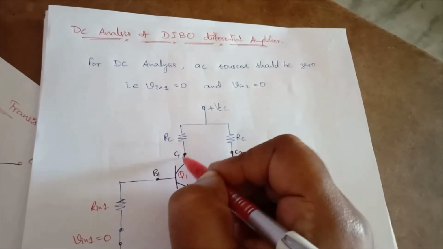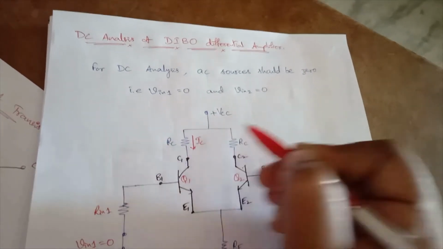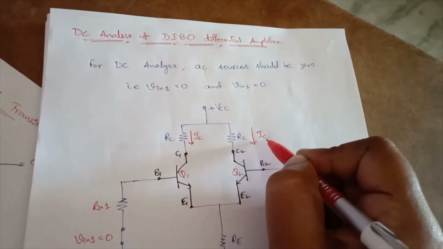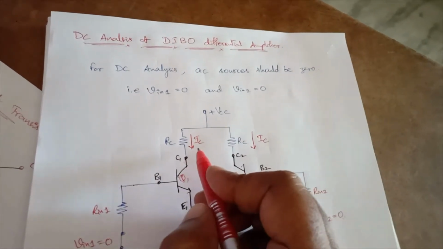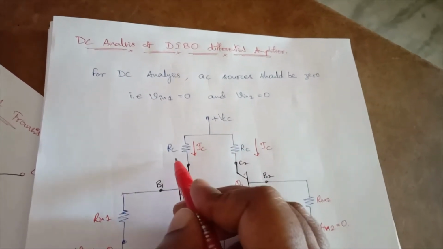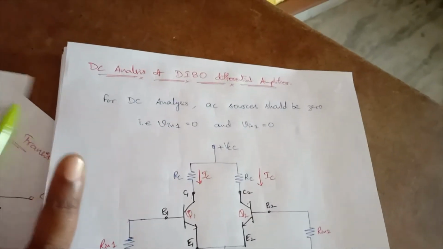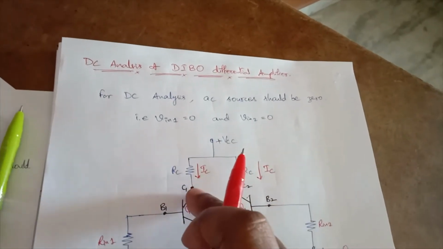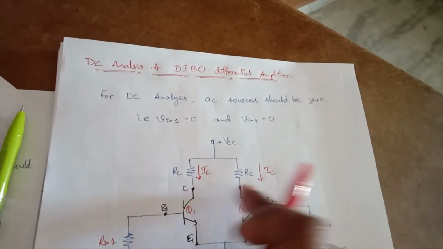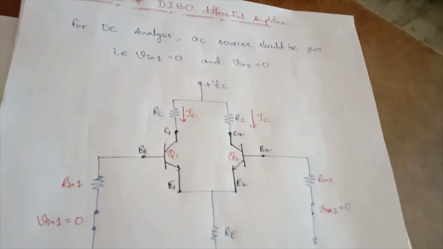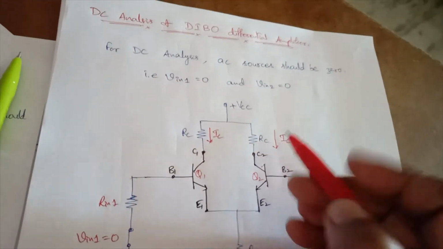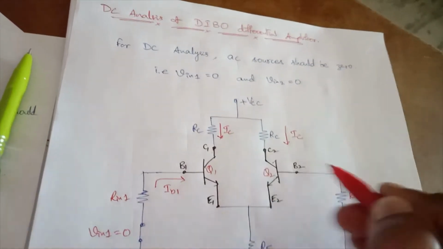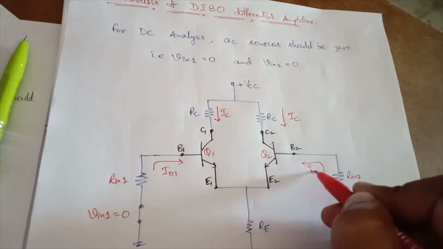So here the current flowing is IC, and at C2 also the current flowing is IC. The suffix C indicates collector. Actually it is IC1 and IC2, but both the collector resistors are the same and both transistors are identical. Therefore the current drawn by these two terminals is the same, that's why I consider IC and IC. In the same way, I consider this current as IB1 at base terminal 1 and this current as IB2.